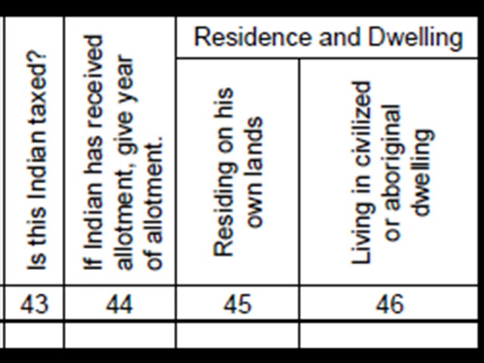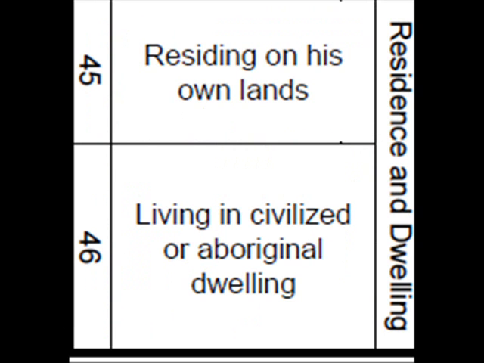Also, a particularly interesting question does appear: whether or not an individual had received their own land and was living on land allotments. And probably one of the most unusual questions was whether or not the individual lived in a fixed dwelling or an aboriginal dwelling.